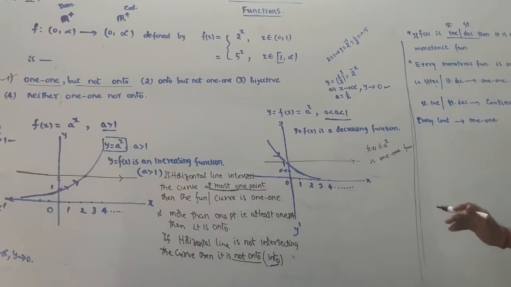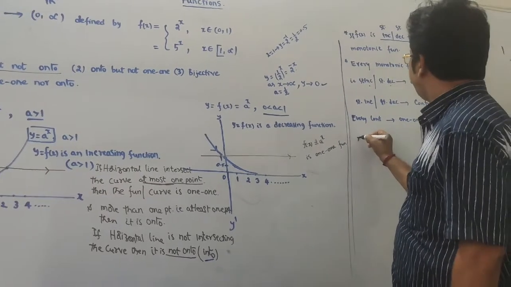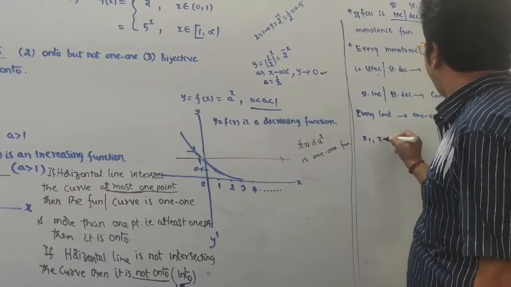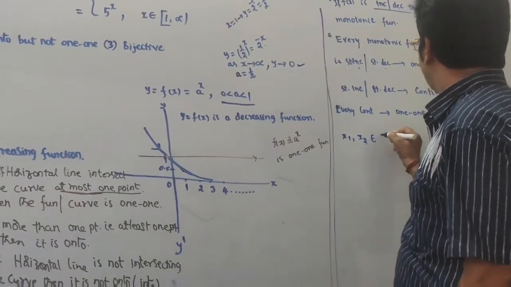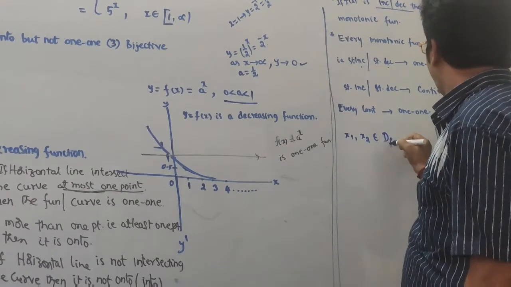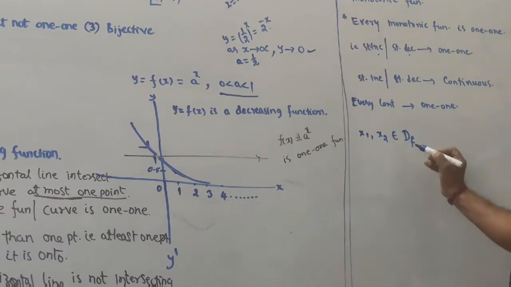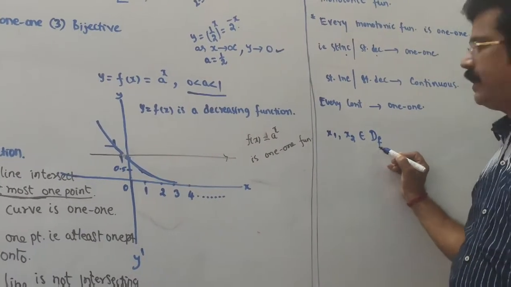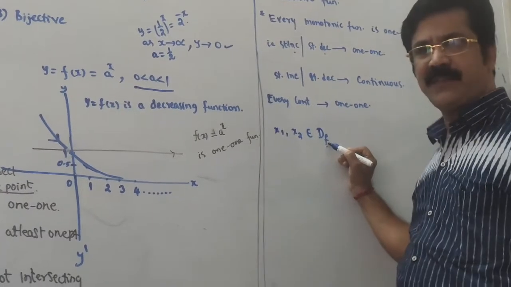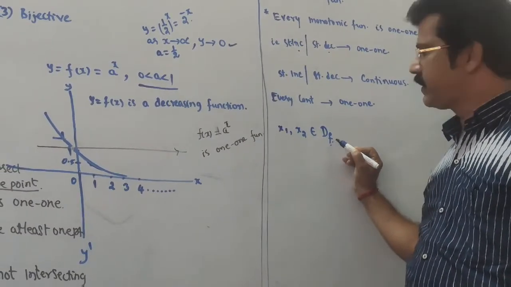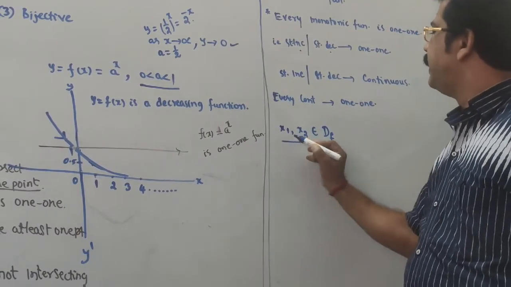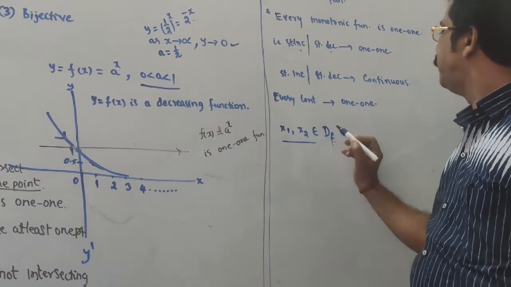Now you come here. Increasing means, suppose x1 comma x2 belongs to the domain of f of x. For example, f of x is a function, and D suffix f stands for the domain of f of x. Let us take 2 points in its domain.